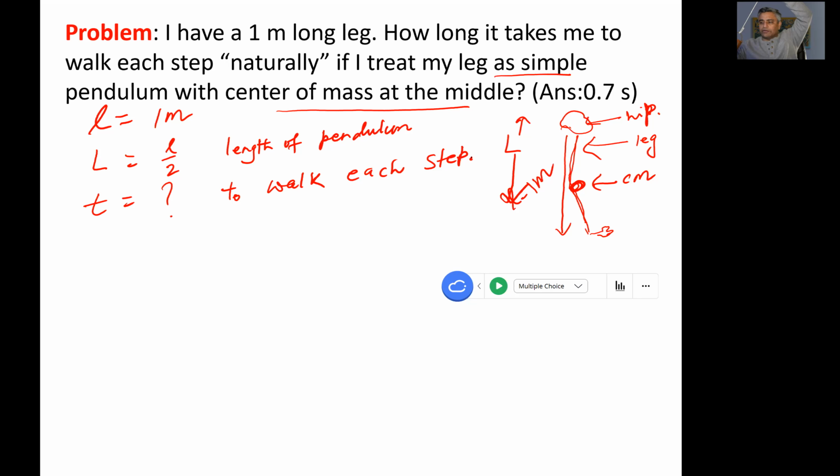This leg goes from here to here. That's one step, isn't it? It goes from here to here. It's not like going from here to here and back, right? So the time for one step is half of the period.